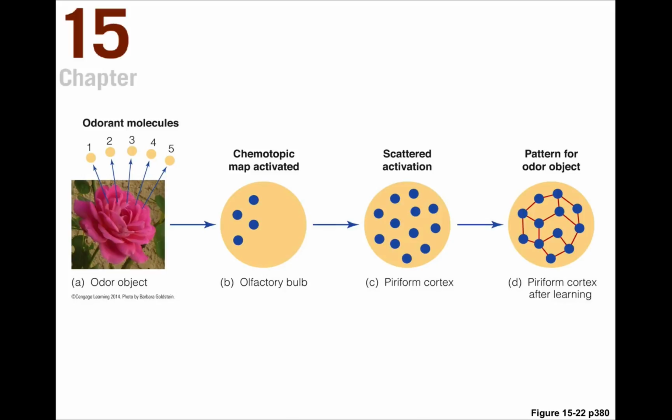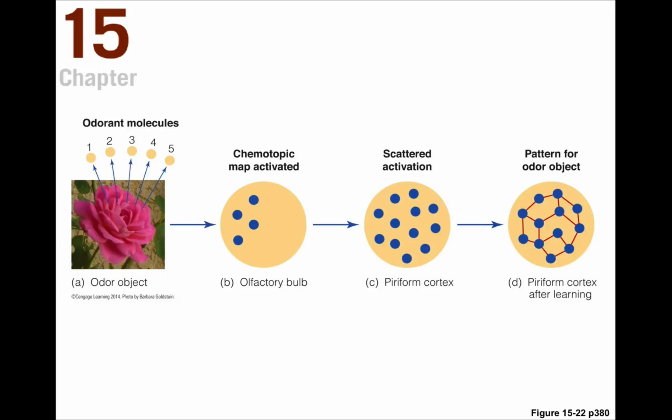So here's another example. We have a flower that emits all these molecules. In the olfactory bulb, this map of particular receptor neurons is activated. This then sends activation to the piriform cortex. At first you see this scattered activation where it just lights up a certain pattern.